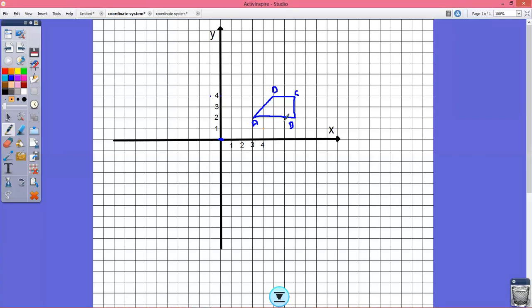Now I am going to make the enlargement with respect to 0, 0, and here will be A bar.